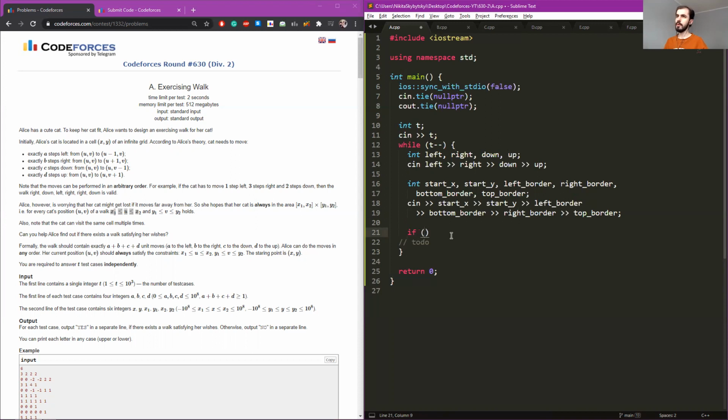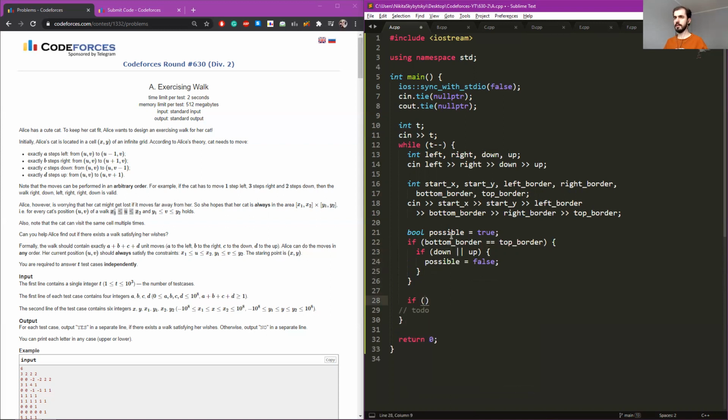Okay, so we have several cases. If the bottom border equals the top border, then if at least down or up is not equal to 0, it's not possible, because it has no space to move, but it has to go vertically.